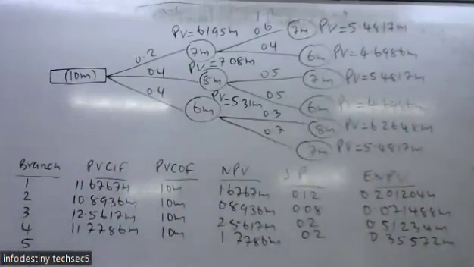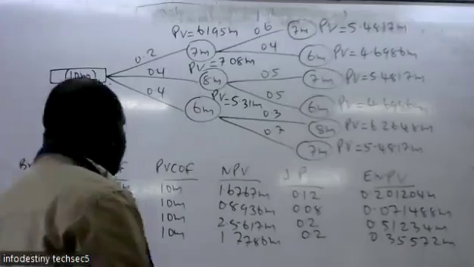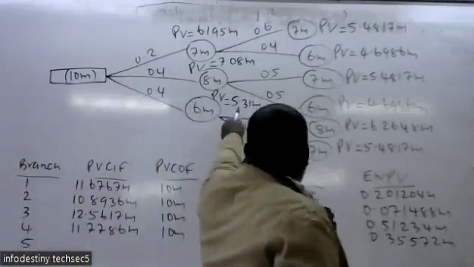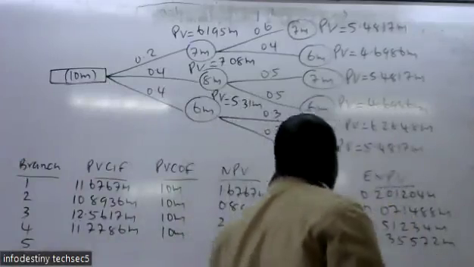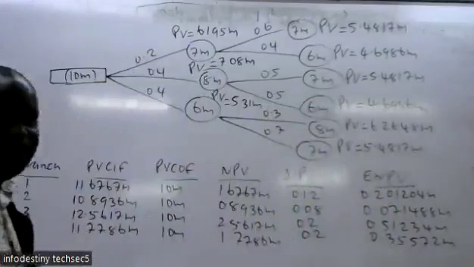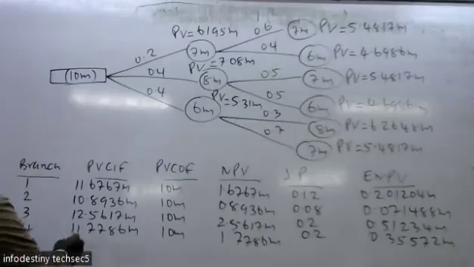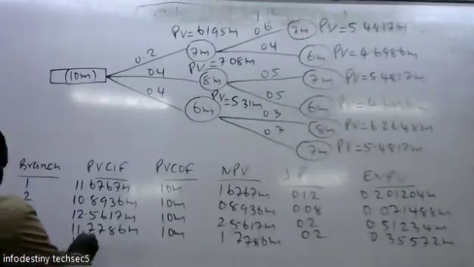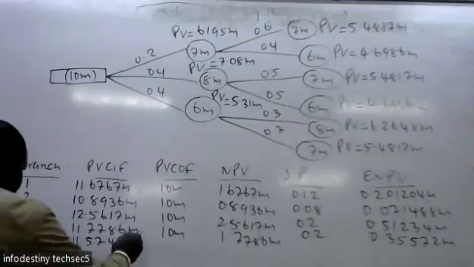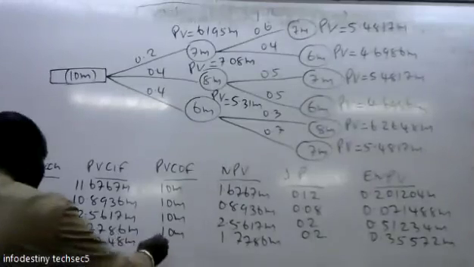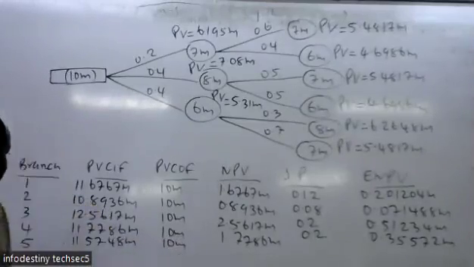So branch 5, you change to 5.31. You have this one plus 6.2648. So it is 5.31 plus 6.2648, which gives 11.5748. This one is still 10 million.